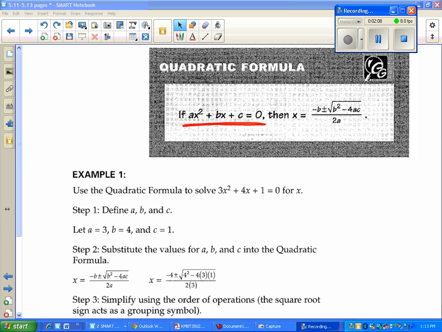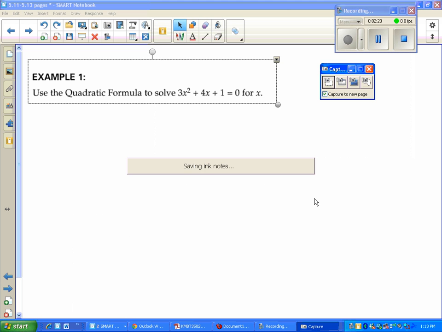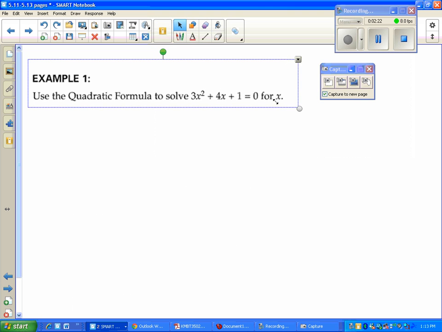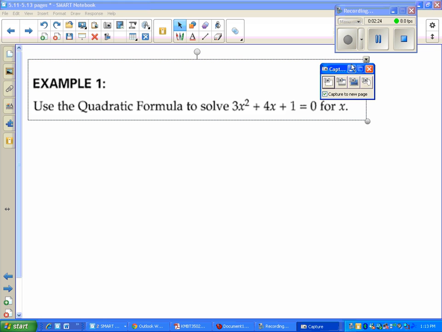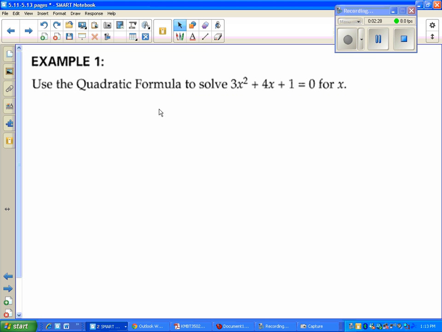How does this work? Example 1. Please write this problem down. We're going to do this together. Use the quadratic formula to solve 3x squared plus 4x plus 1 equals 0.